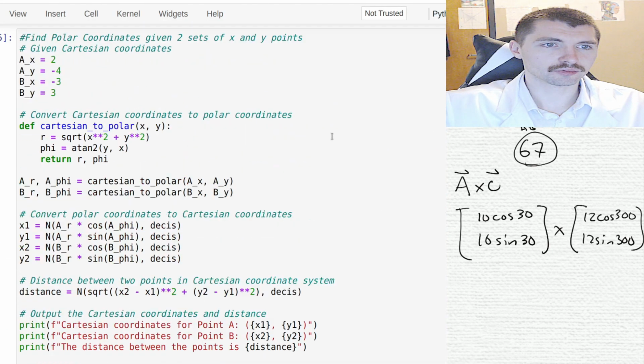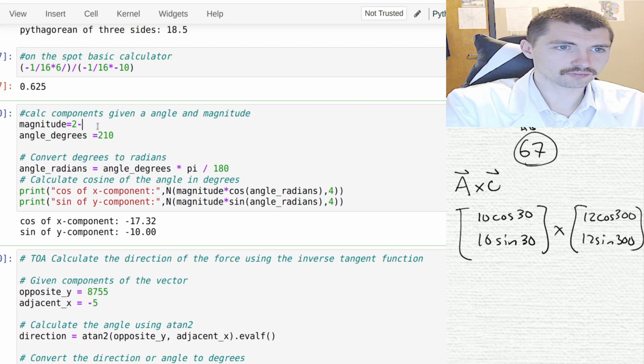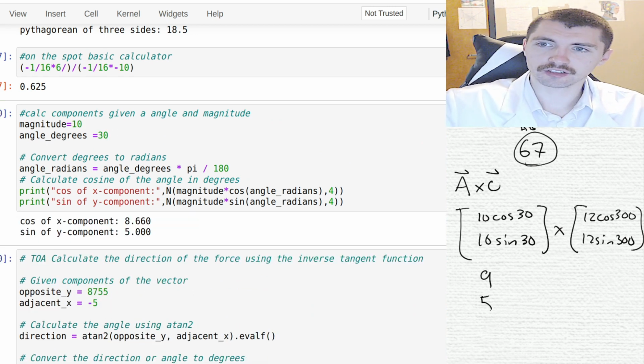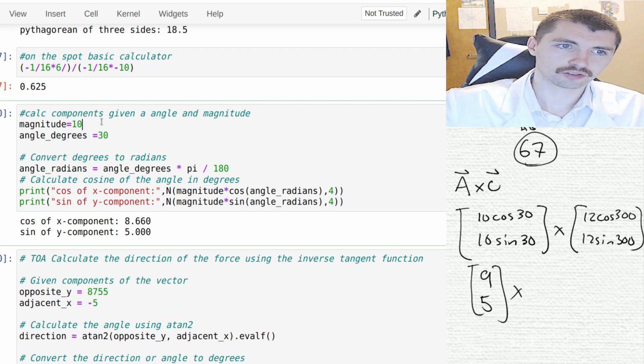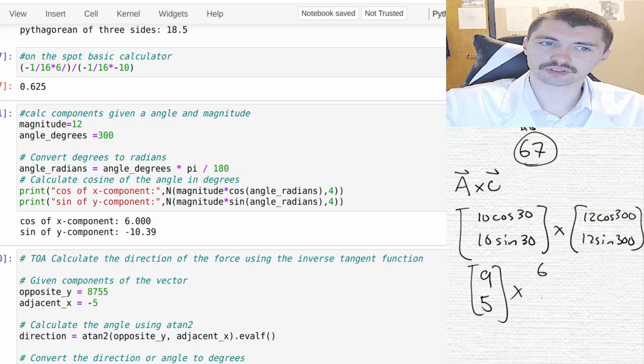We're going to get 9, 5 cross 6, negative 10.